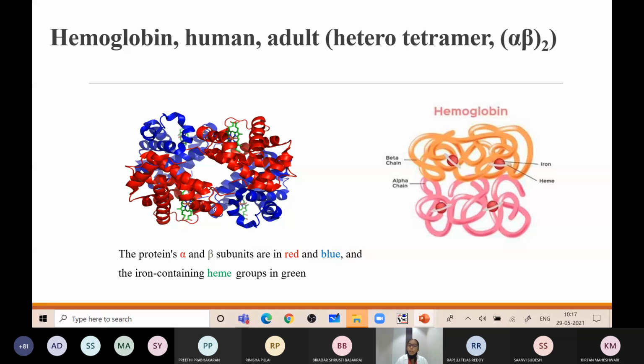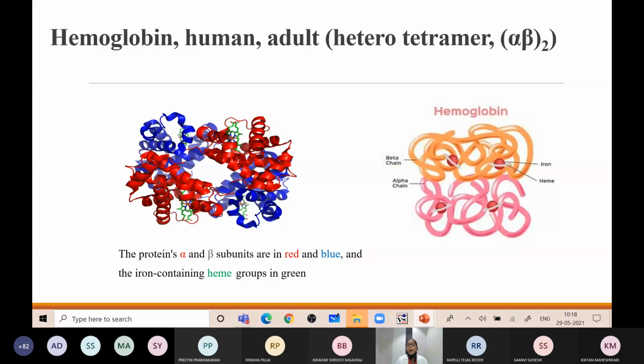If you are talking about molecules, then one iron combines with one molecule of oxygen. If you are talking about atoms, one atom of iron combines with two atoms of oxygen. So one molecule of hemoglobin carries 4 O2, that is 4 molecules of oxygen, or 8 atoms of oxygen.